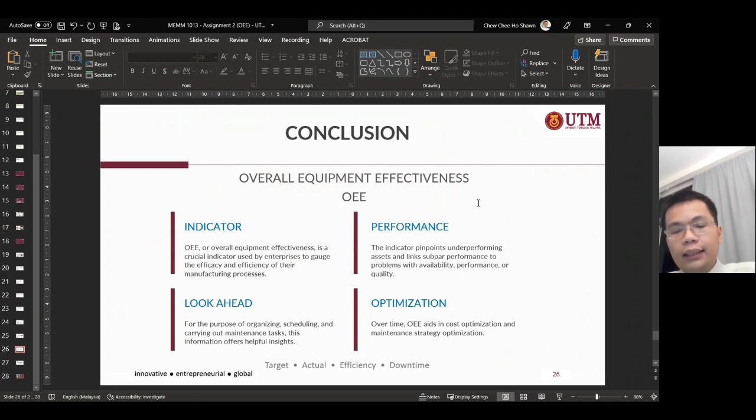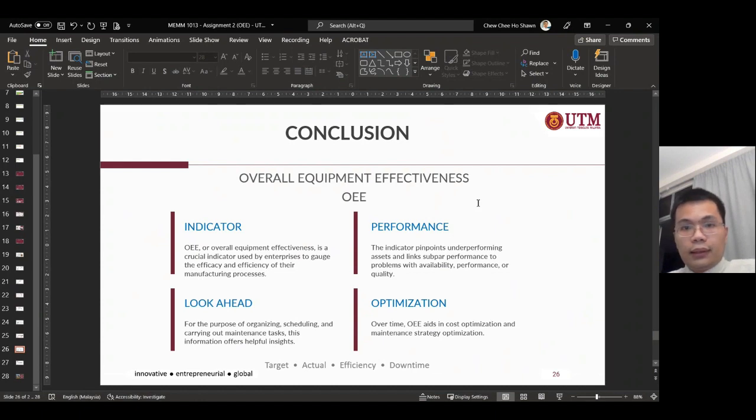So this can provide a very good look ahead with very good information, and also optimizations. Over time, it helps reduce the downtime. So it's a cost optimization and also a maintenance strategy optimization. In short, this OEE is very important because it's related to our target.